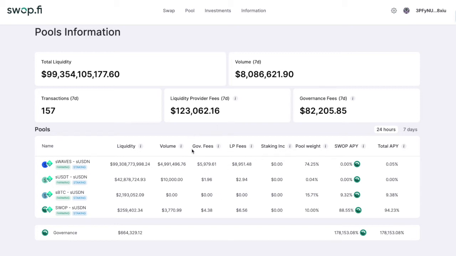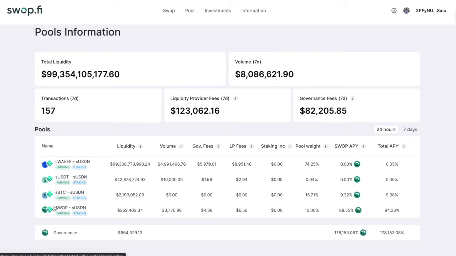0.12% is governance fees, and this amount of coins goes to the fund, and every day this fund buys Swap tokens from the Swap USDN pool. There is only one important number.